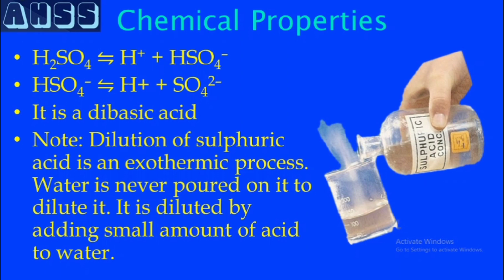Being an exothermic process, on diluting the acid, it evolves a large amount of heat, which changes the poured water into steam. The steam so formed causes spluttering of the acid, which can cause burn injuries. So dilution should be done by adding a small amount of acid to water with constant stirring. But you should never dilute an acid by adding water to acid.